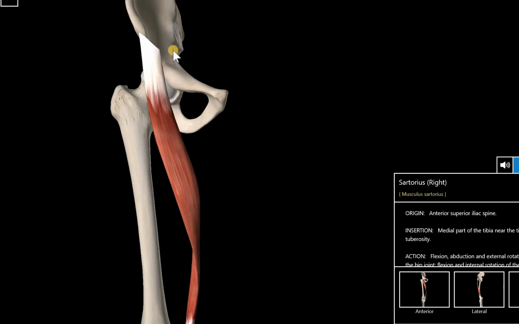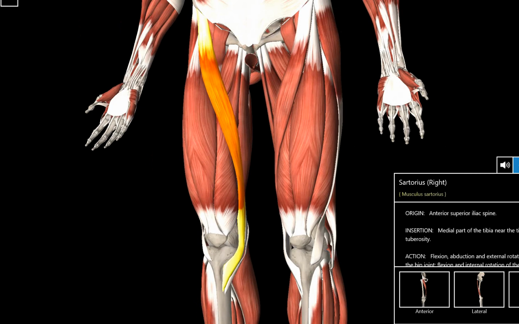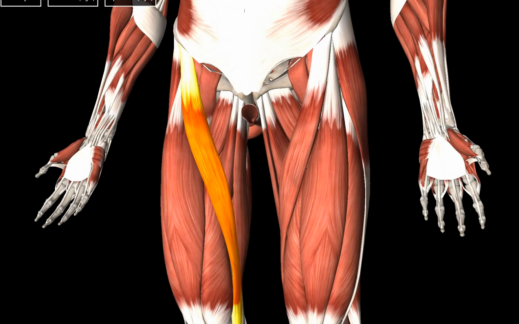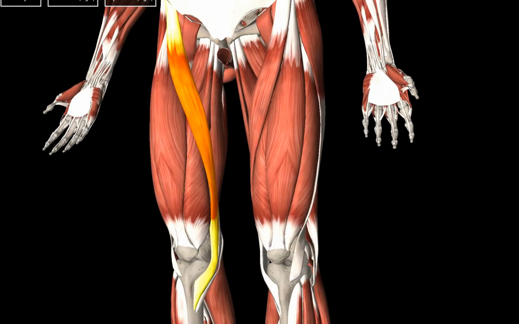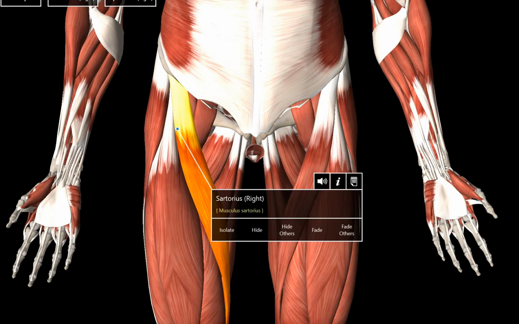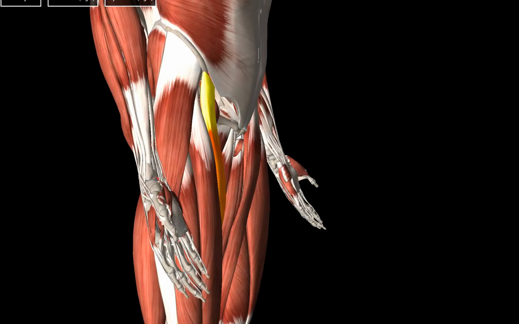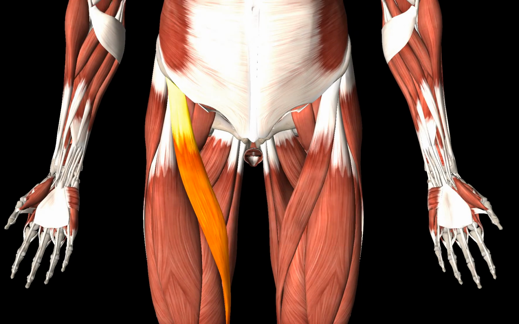It's also worth noting that clinically, this muscle can give a person some hip pain and knee pain, and the main reason is because most people have a pelvic unleveling, so the hips should be straight across, but in some people one hip is higher than the other.